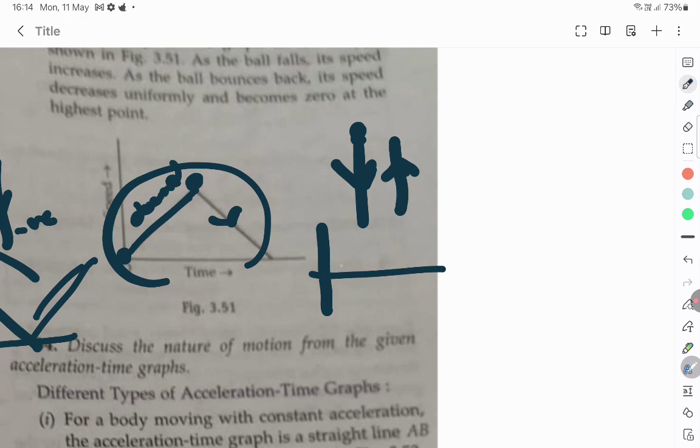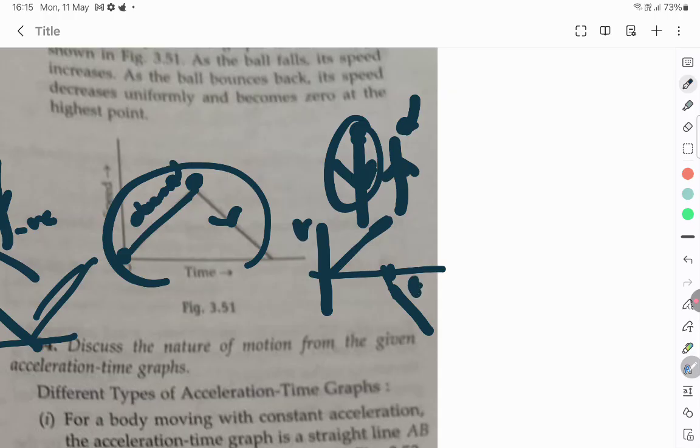This is the downward journey of the ball, and this is the upward journey, which will be a downward movement, but it has to start from the time here and will come like this. I hope you understood, because this is velocity time.